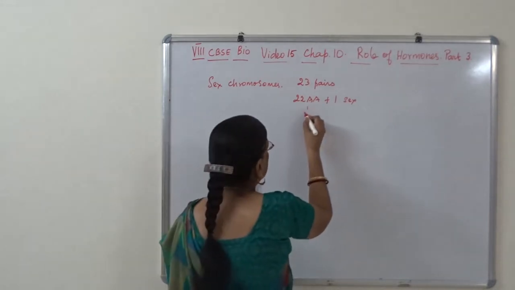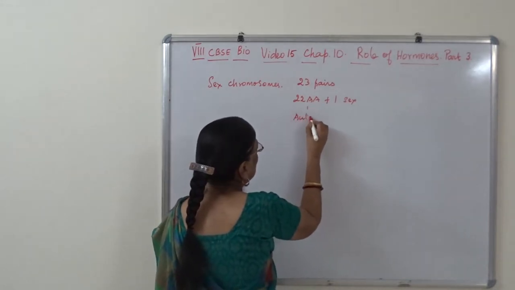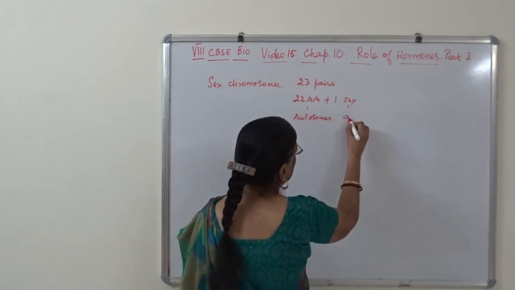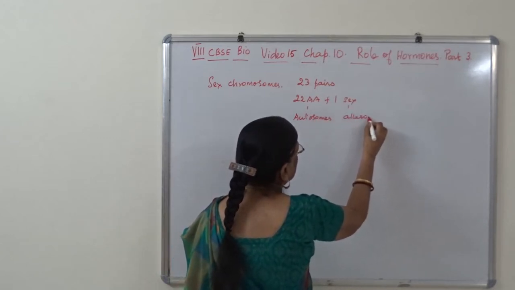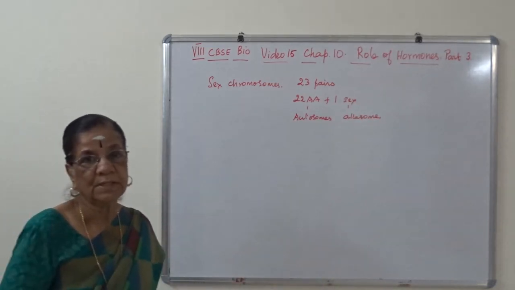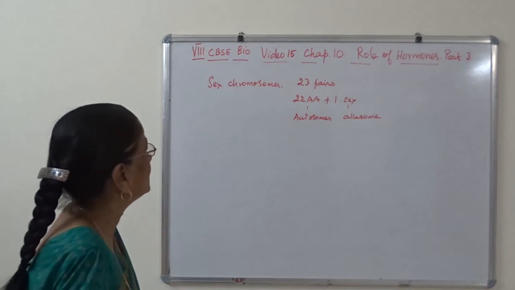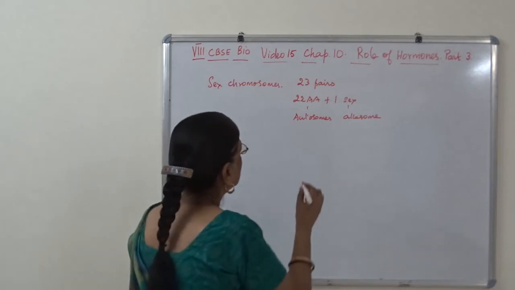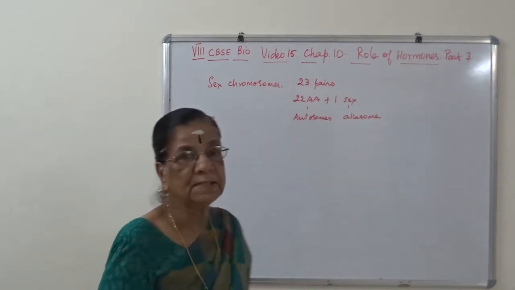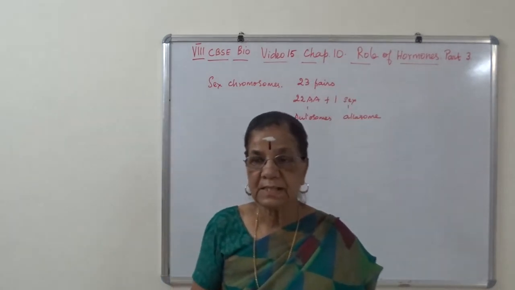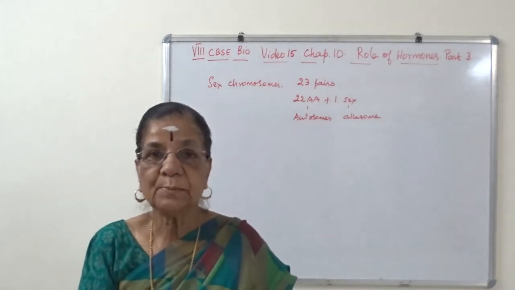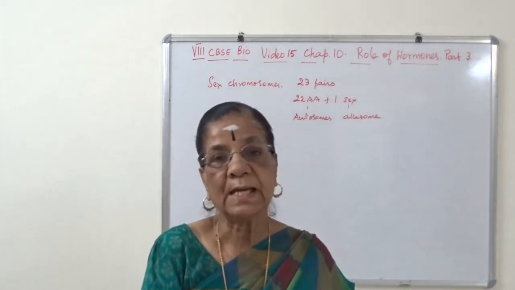These 22 pairs are called autosomes, and the sex chromosome pair is called allosome. I say in human 23 pairs of chromosomes, represented as 22 pairs of autosomes and 1 pair of sex chromosomes, the allosome.